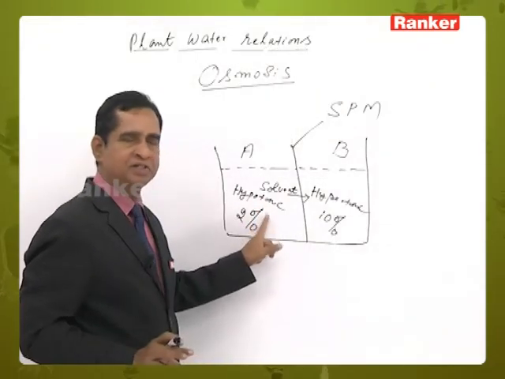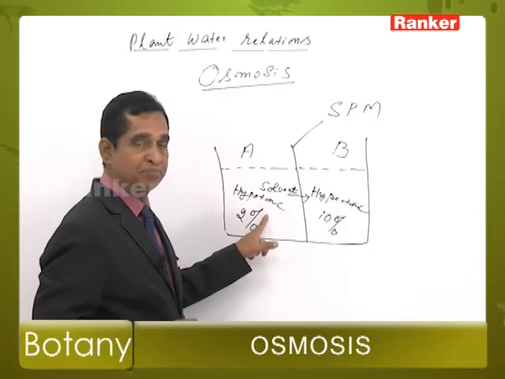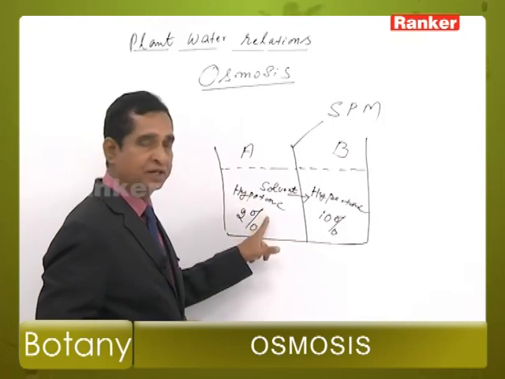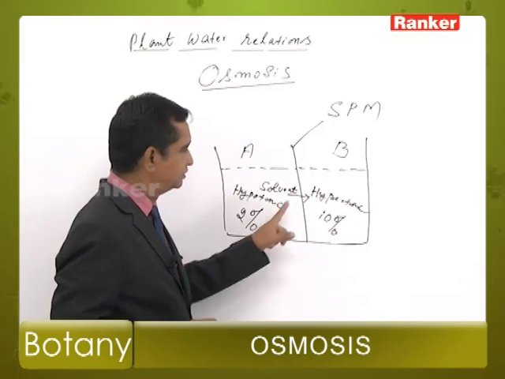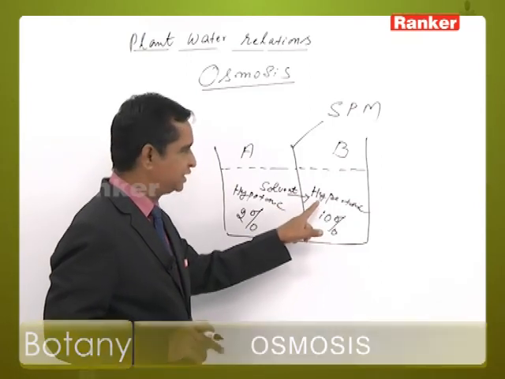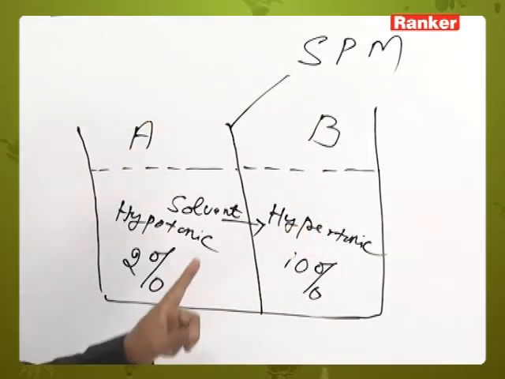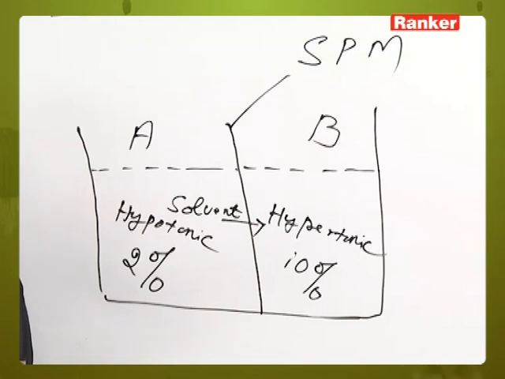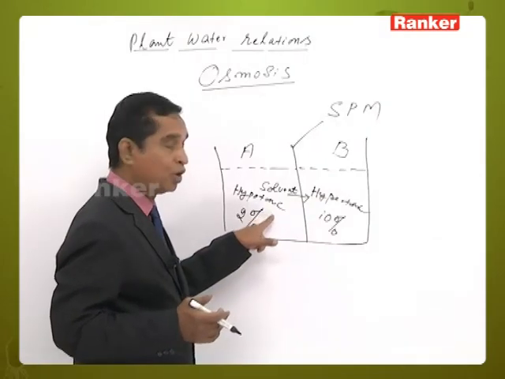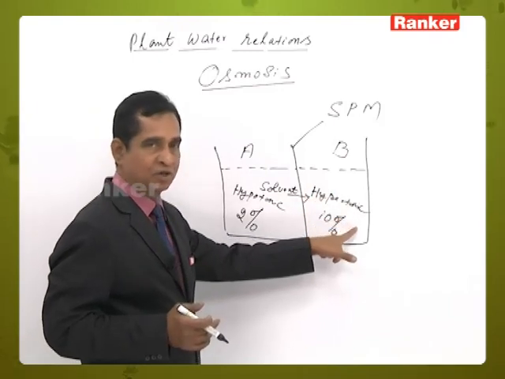When it is lower concentrated, naturally, what is the diffusing pressure of the water molecules? That should be more than the water molecules present in the higher concentrated solution. So the water potential or diffusing pressure is more in hypotonic and it is less in hypertonic.